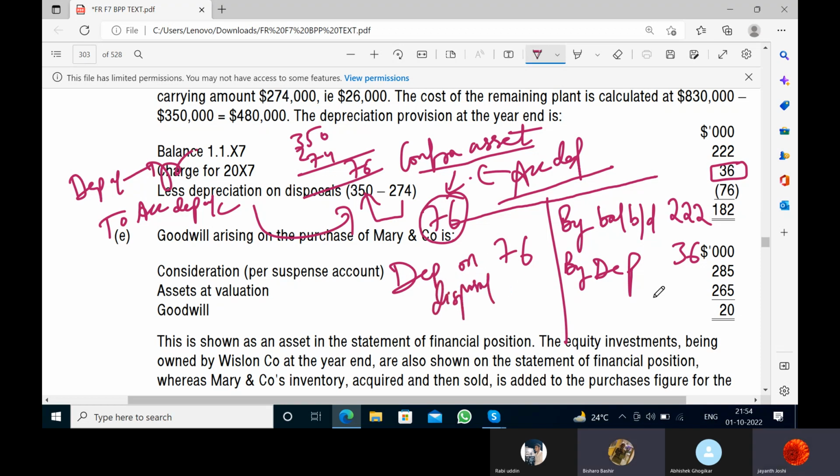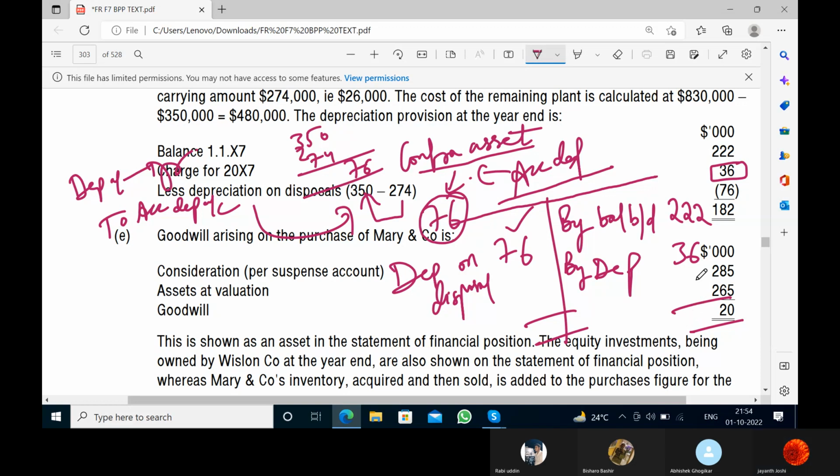The date till when the asset was sold, it has depreciated to this tune, and you sold it. Since you have already recognized all this in this accumulated depreciation account, we will correct this and write the exact depreciation.